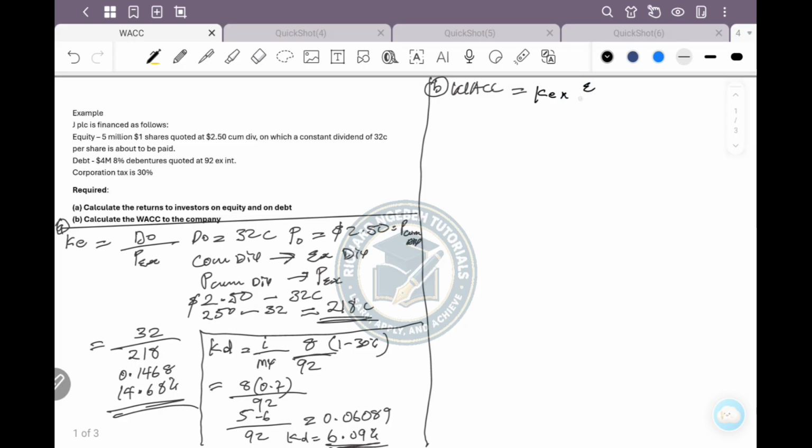So you're going to say weight of equity, equity plus debt.